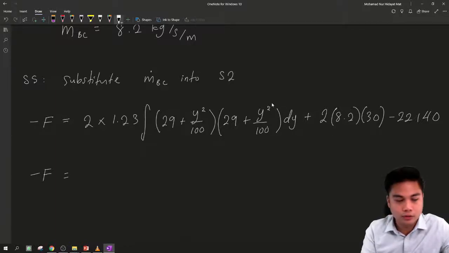Negative F equal to, you solve this, you get 2.46, the integration of this one.